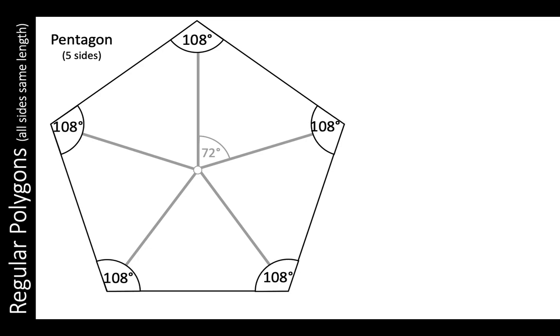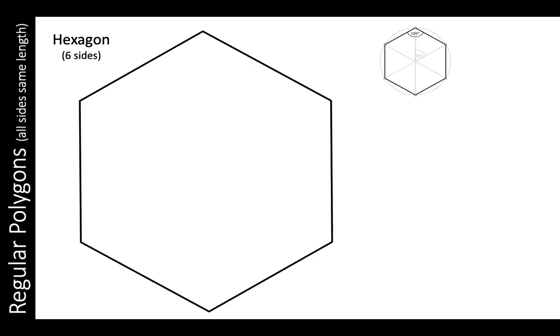So all of those interior angles are measured at 108 degrees, and the total of all of those interior angles is 540. So if I added up 108, 108, 108, 108 and 108, or just multiplied 108 by 5, we would get 540 degrees.